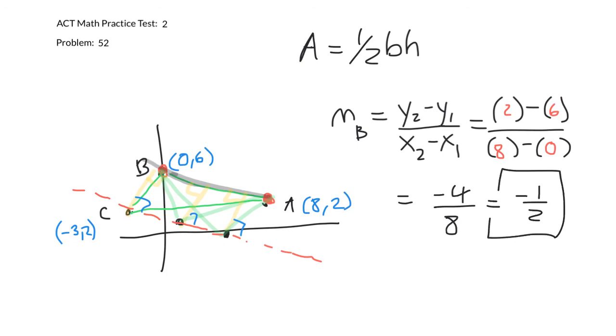So that's the slope of this black line. Seeing as how the red line is parallel to this black line, we know for a fact that the slope of this red line is also negative 1/2. So that's how you do problem number 52.